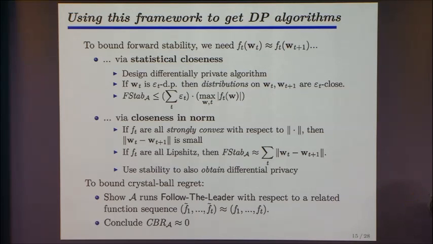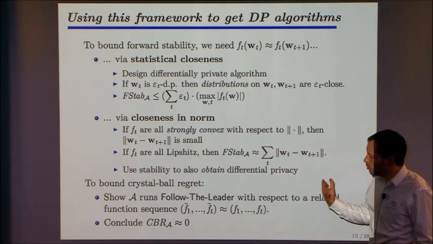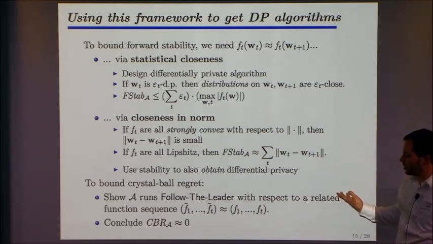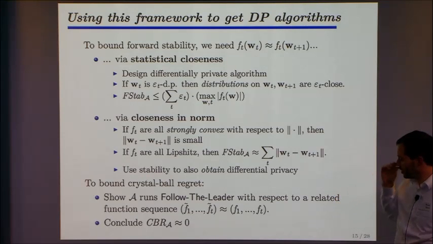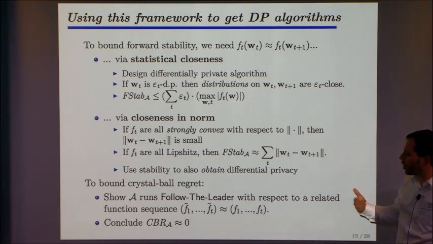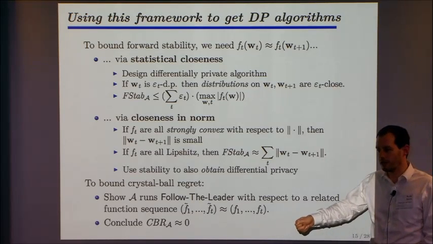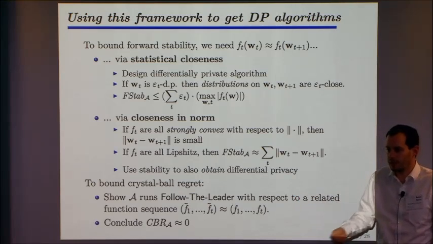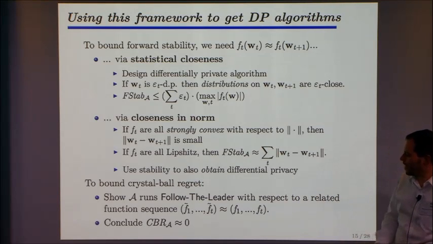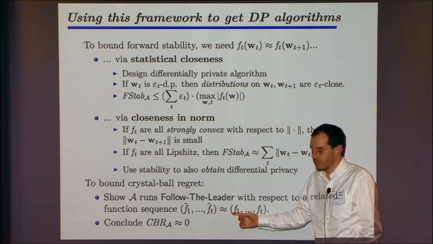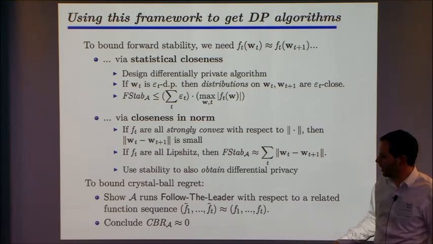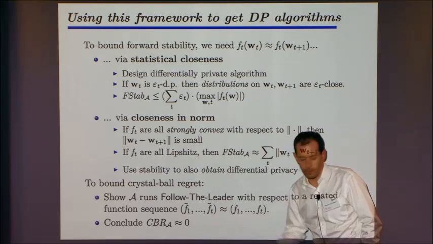You think about your algorithm not actually running follow the leader in general, but what you try to argue is that it's actually running follow the leader with respect to some other sequence of cost functions, not your true cost functions. And that other sequence is close enough to the things you were after that the crystal ball regret is small.